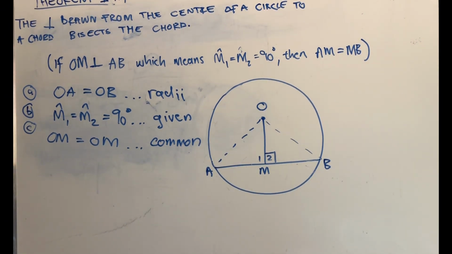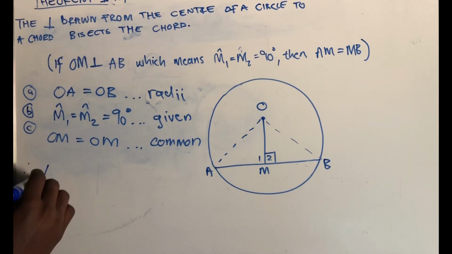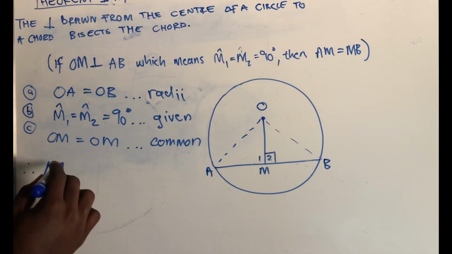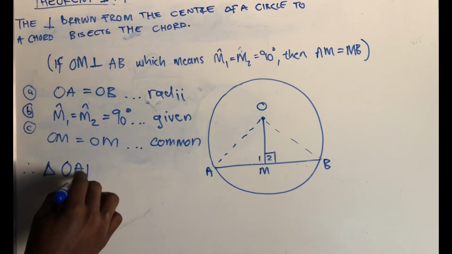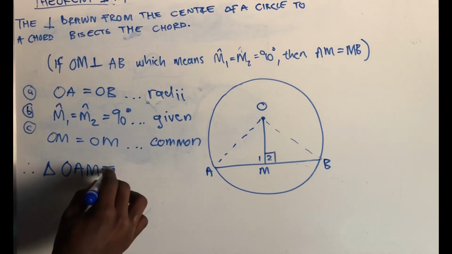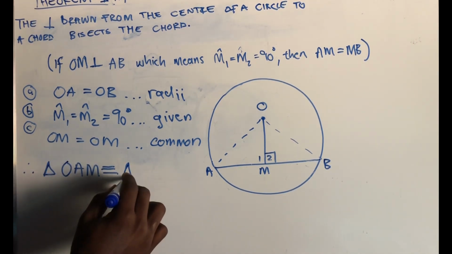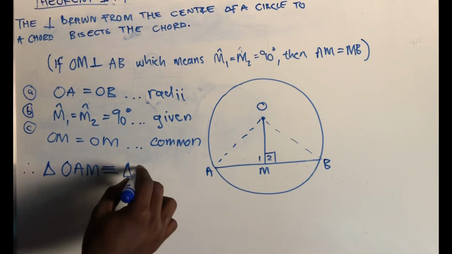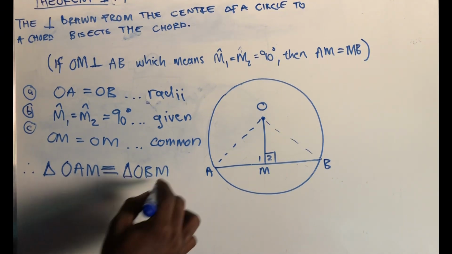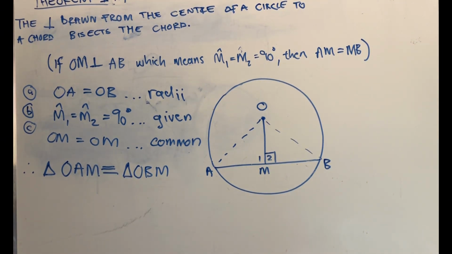So now we can conclude that triangle OAM is congruent to triangle OBM. What's our reason?